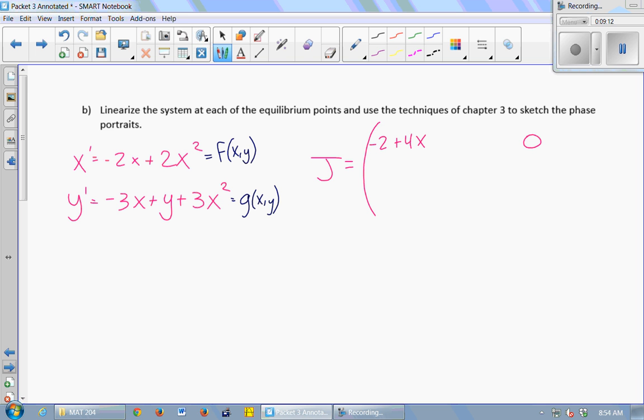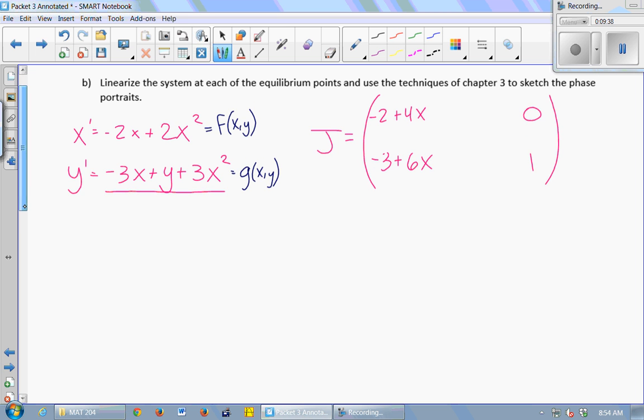All right, looking at the y prime equation, what is its partial with respect to x? Negative 3 plus 6x. Treat the y as a constant when you're taking the derivative with respect to x. And then the derivative with respect to y, 1. Treat everything with an x as a constant. The derivative of the y is just a 1. All right, so that's our Jacobian matrix.